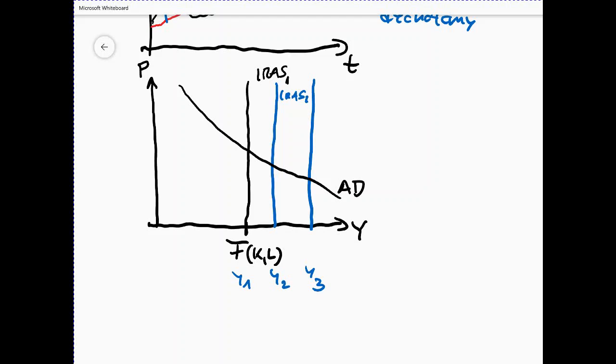Now you can see basically the effect of economic growth on the GDP and the price level. So unless AD shifts, you are going to get higher and higher levels of real output at a lower and lower price level. And this is what you could call deflation.